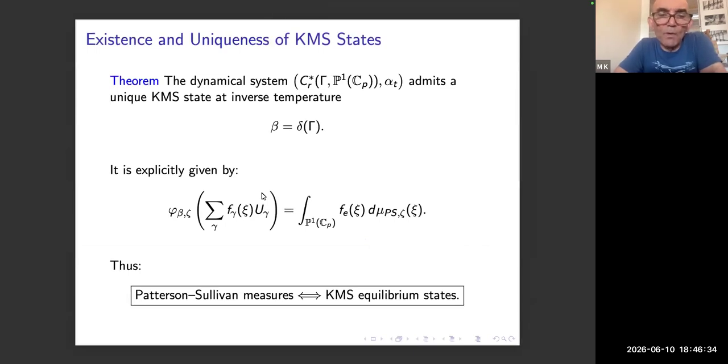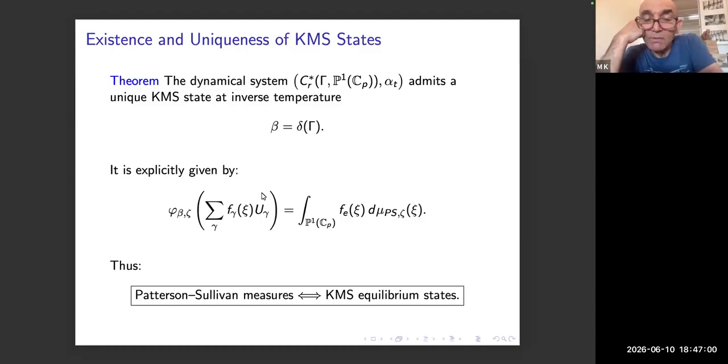And so one of the theorems that we prove is that the dynamical system which I defined admits a unique KMS state at inverse temperature beta equal to delta gamma. And this KMS state is basically given by the following formula.